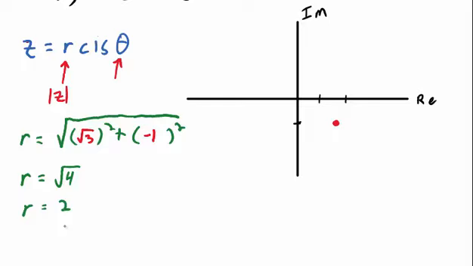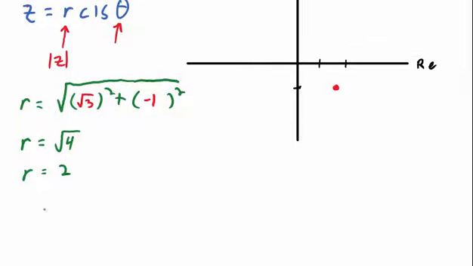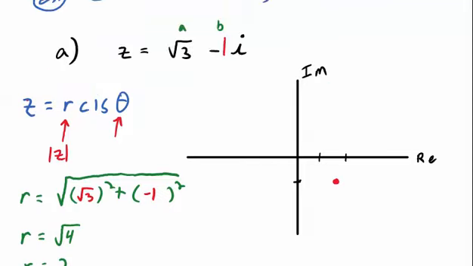Easy enough? Okay, what's the relationship between this guy, which is b, negative 1, and this guy, which is a? What's the relationship there? Tangent theta equals negative 1 over root 3.